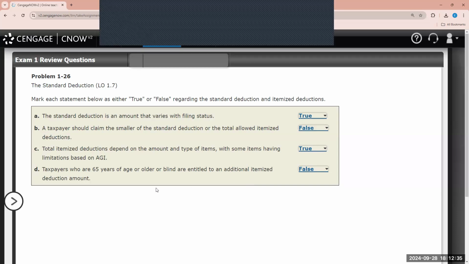And for 2023, the additional standard deduction amount is $1,750 for unmarried taxpayers and $1,400 for married taxpayers and surviving spouses. So let's say a taxpayer is 65 years of age or older and blind, they are entitled to two additional standard deduction amounts. So just keep that in mind.